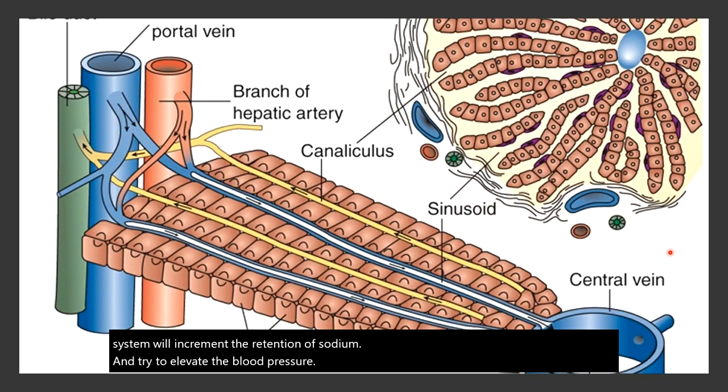And sinusoids are going to be formed by arterial blood coming from the hepatic artery entering the liver, and the blood flow coming from the portal vein. So sinusoids in the liver will have arterial and also venous blood.